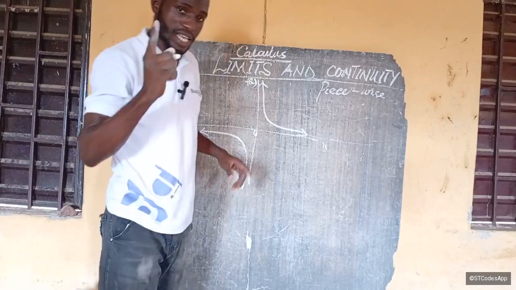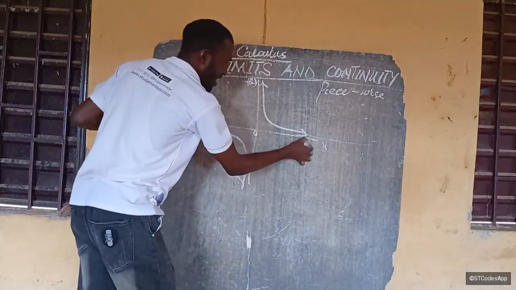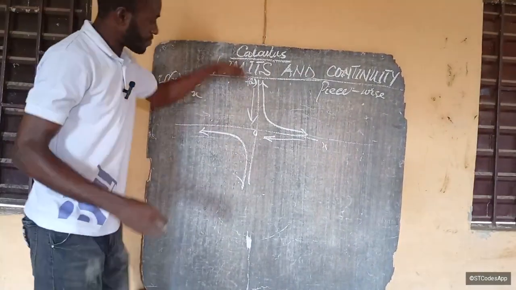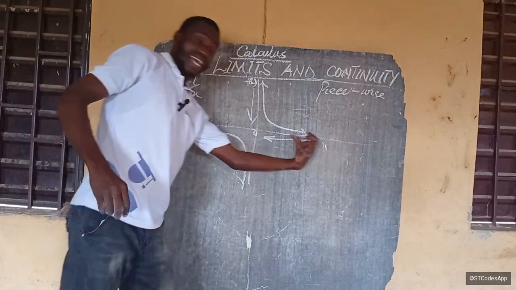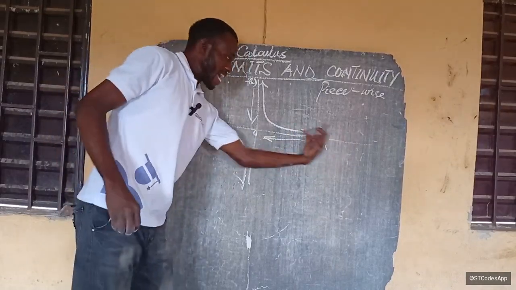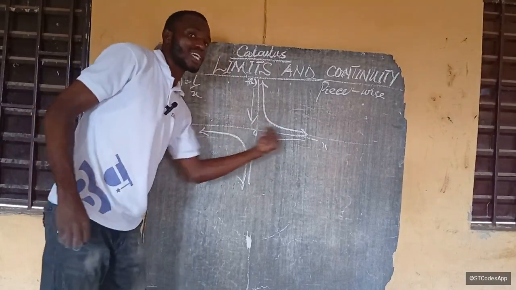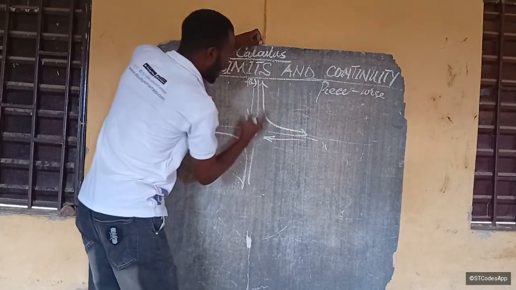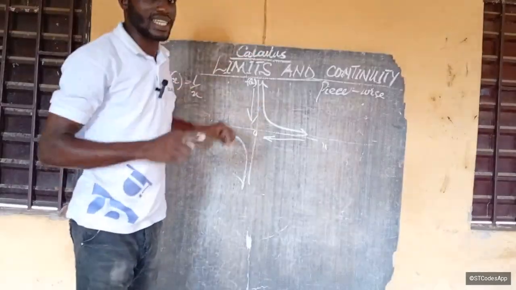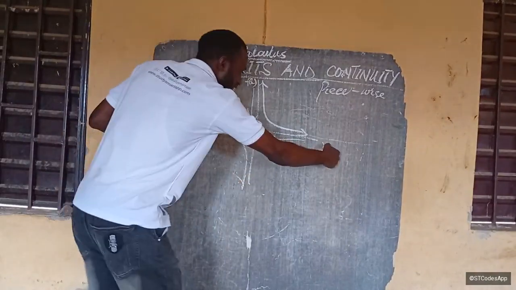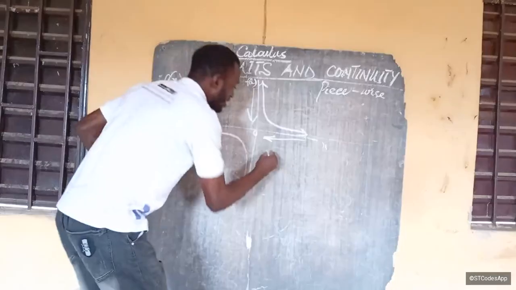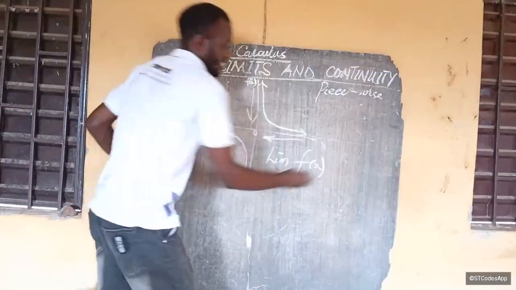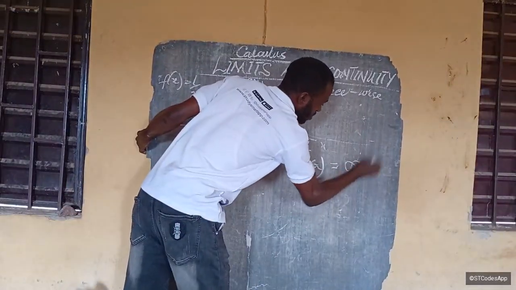And of course, in the same way, as our x value tends towards 0, our f of x value becomes closer and closer to infinity. Now, how do we write that mathematically? As our x value approaches 0, the limit of our function f of x is positive infinity.